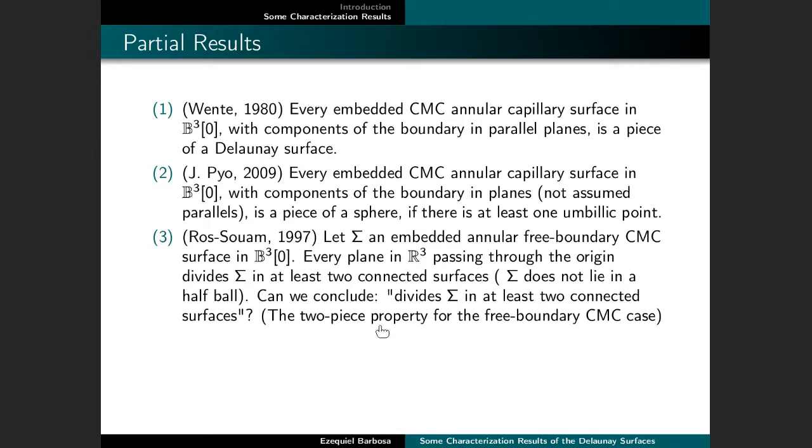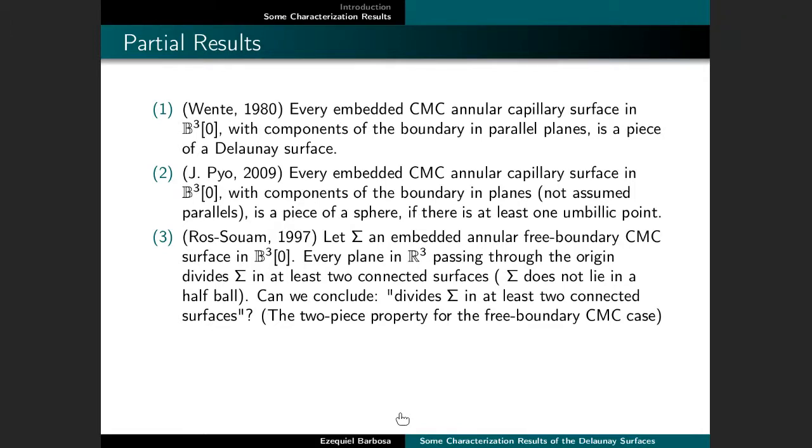Another interesting result is this one, proved by Ros. Ros and Souam proved that if you have an annular embedded free boundary CMC surface in the ball, then a kind of two-piece property is verified for this surface.